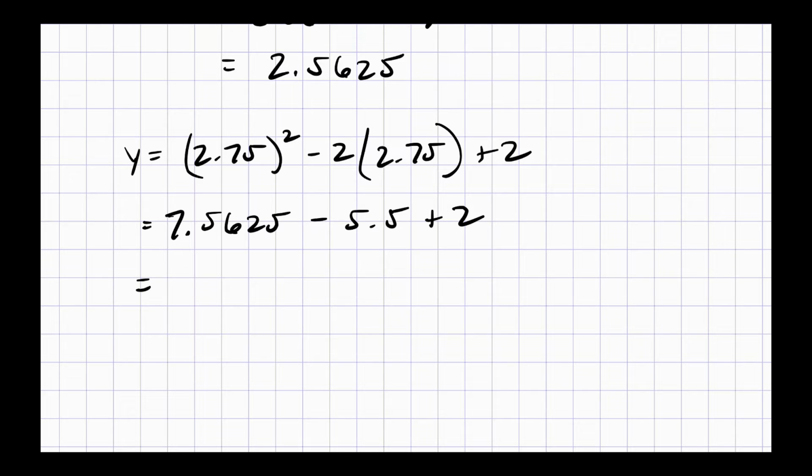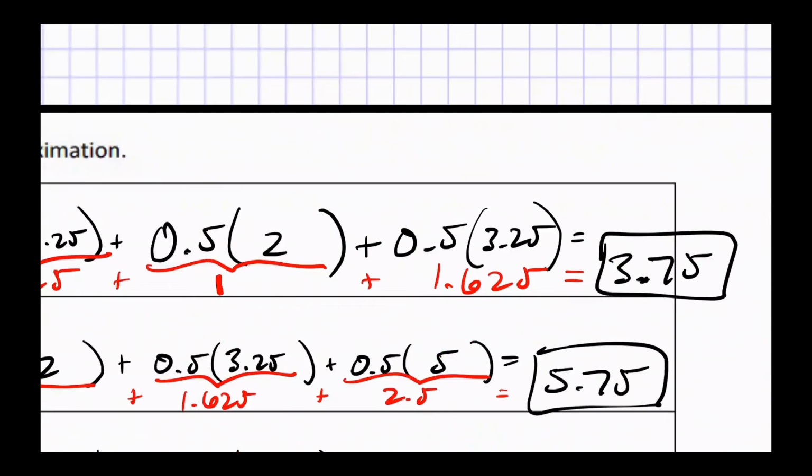And turns out it's just above 4. 4 would be a good approximation, but we're already approximating. So we don't want to approximate even more, especially when we have the capability of finding out what it is. Okay, so that's going to be the last one.